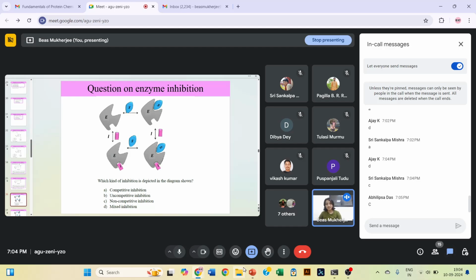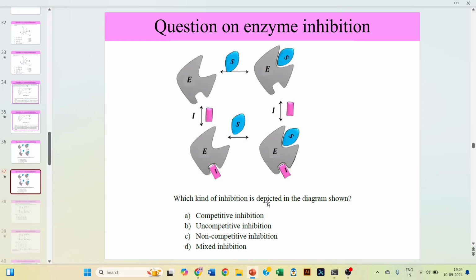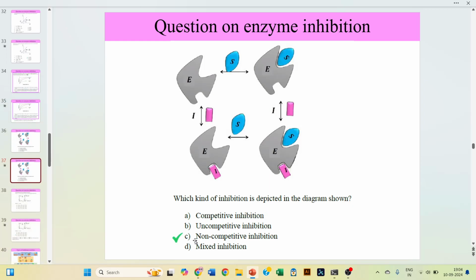Okay, let's look at the right answer. It is non-competitive inhibition. Why? Because in non-competitive inhibition, the inhibitor binds to free enzyme and it also binds to the enzyme substrate complex, and it finally forms the enzyme substrate inhibitor complex. So that is the property of non-competitive inhibition.